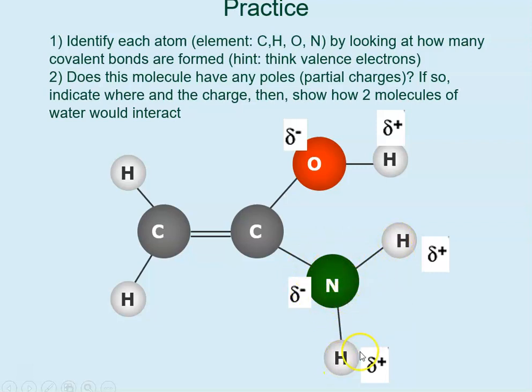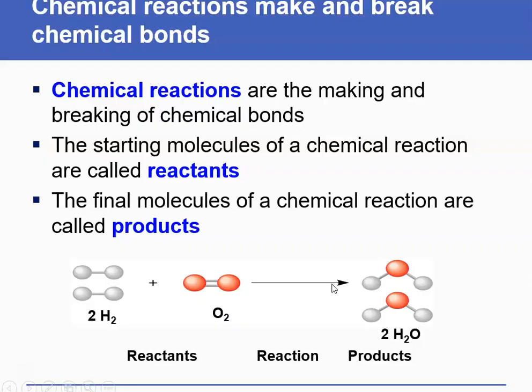So the hydrogens are going to be slightly positive, whereas the nitrogen and the oxygen are going to be slightly negative. So how is that going to affect water? That's going to mean that the slightly negative oxygen in water is going to be attracted to those hydrogens, and the slightly positive hydrogens are going to be attracted to that slightly negative nitrogen.